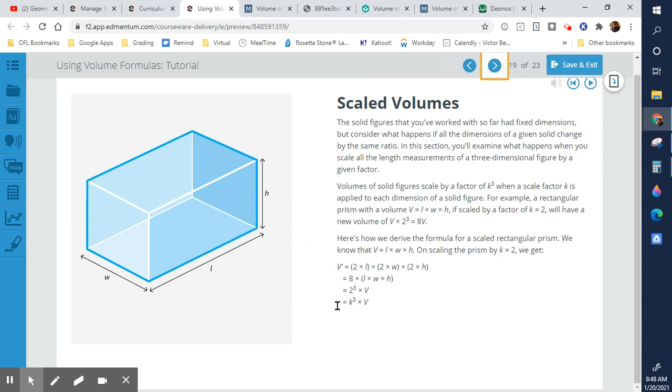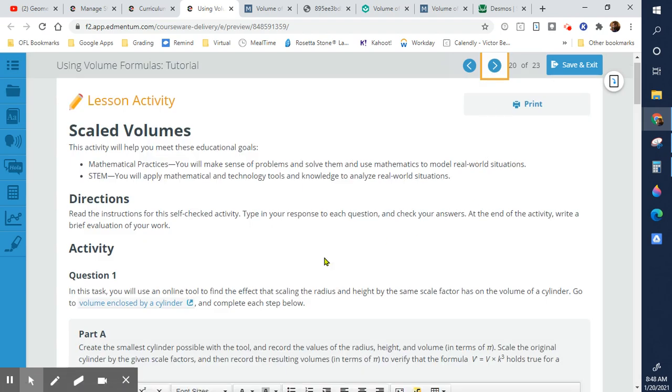A scale factor is, if we're doubling everything by 2, the scale factor for volume would be 8. We're just going to say that the scale factor is cubed in this case because we're doing it to 3 different dimensions. And that makes sense because we're in 3D space.